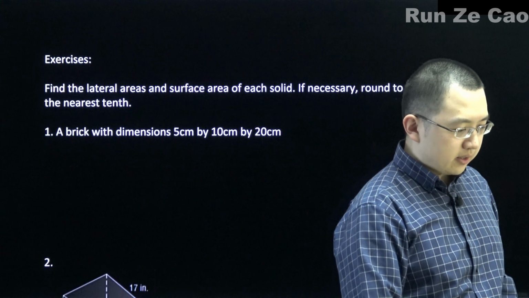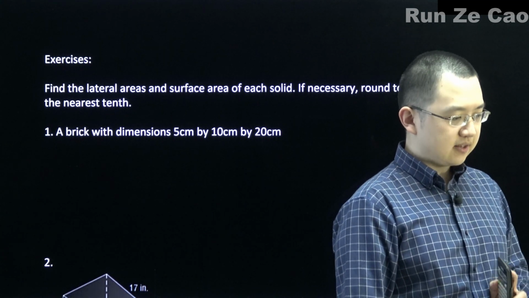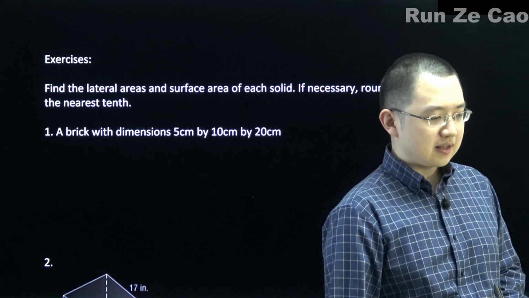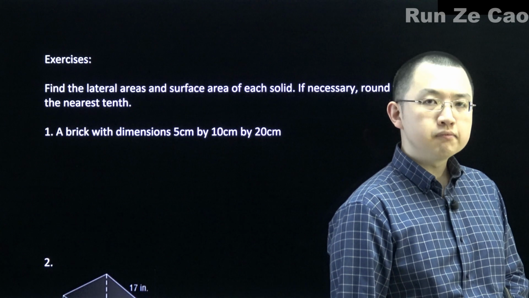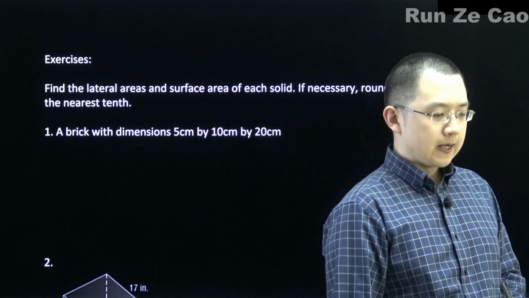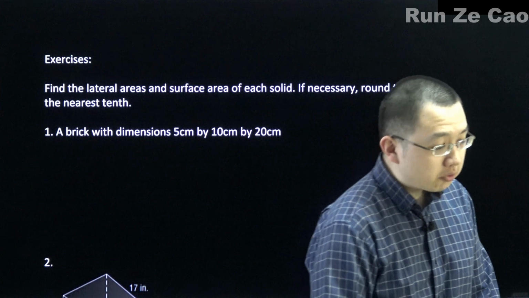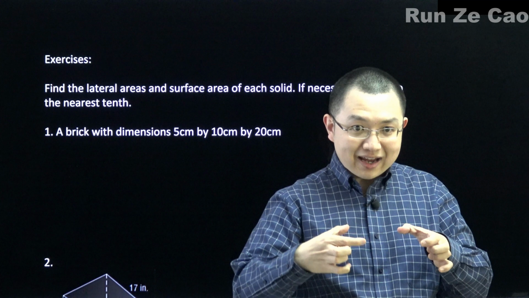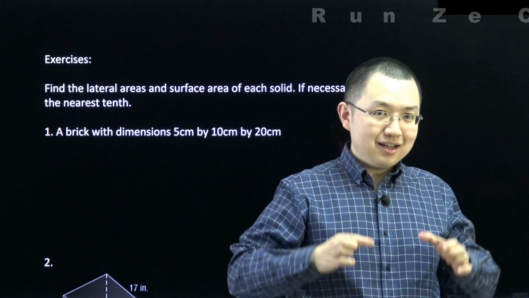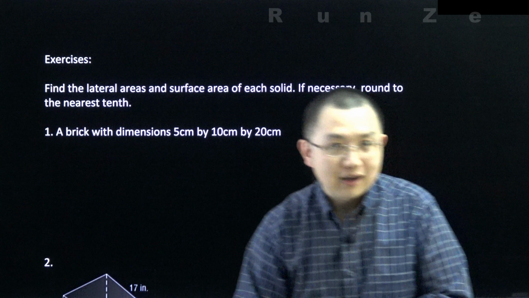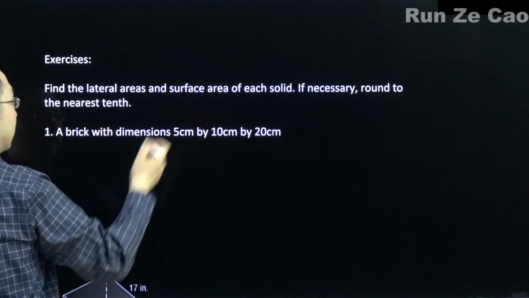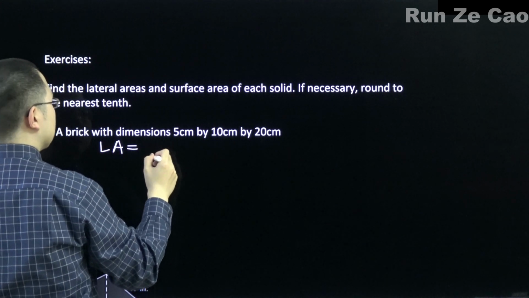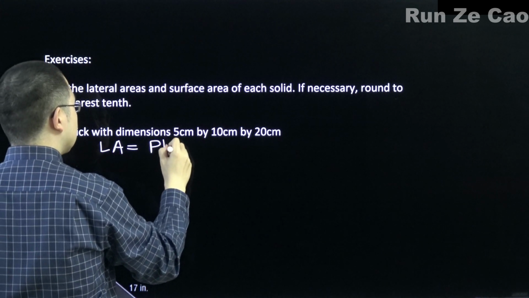Okay, find the lateral areas and surface area of each solid. If necessary, round to the nearest tenth. A brick with dimensions 5 centimeters by 10 centimeters by 20 centimeters. Bricks, for the most part, are considered to be thinner than they are wide. So, lateral area is equal to PH.